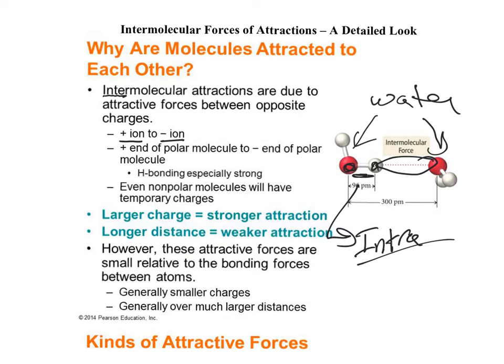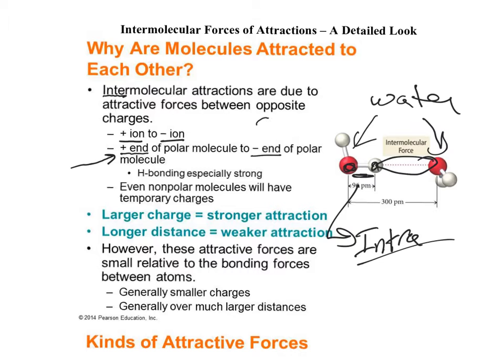But then, in a more subtle way, and I mentioned this before, is when we have polar molecules, they have a negative end and a positive end. Now, that doesn't mean that they have a formal charge. This is where we get into the idea of a partial charge.